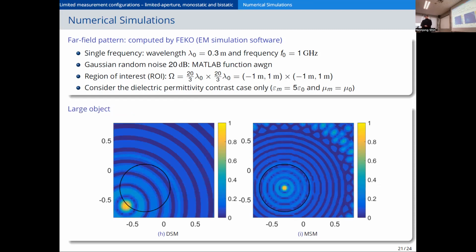We also apply it to the large object case like this one. The center is like this one. And by MSM, we can detect the object like this, but we can only recognize the center. We cannot detect the boundary. So it is another of my future works. Recently, I tried imaging the extended object with Monte Carlo simulation.